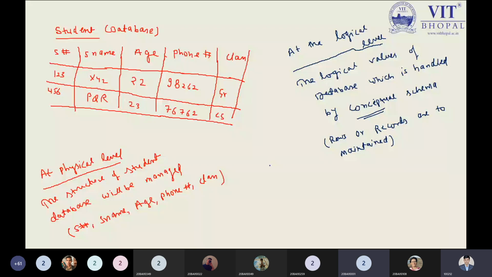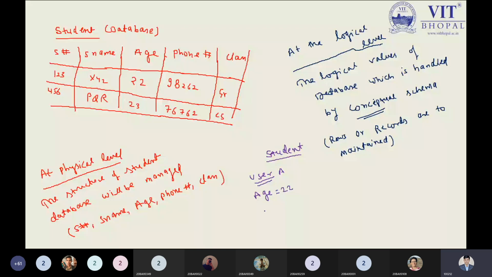Okay, sir. Got it. So at the view level, from the same student database, user A needs to see the names of students who belong to age 22. What is the condition I put over here? The student age belongs to 22, and I need to display only such records.